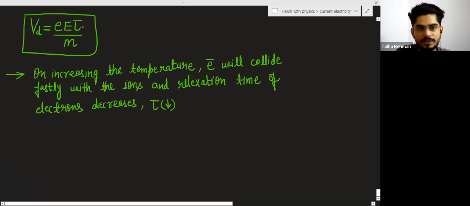So see here, if tau decreases, then drift velocity should also decrease.